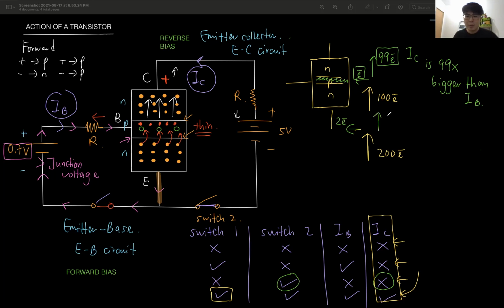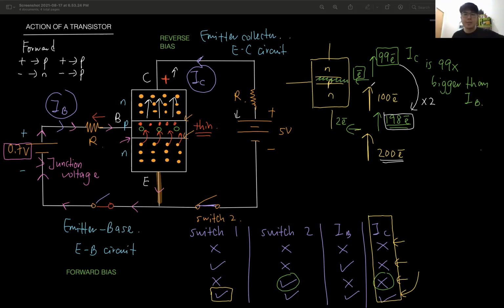And what happened? 198 can cross. Again, you can see when I double the current, 200 electron, this IC also doubles, from 99 goes to 198.